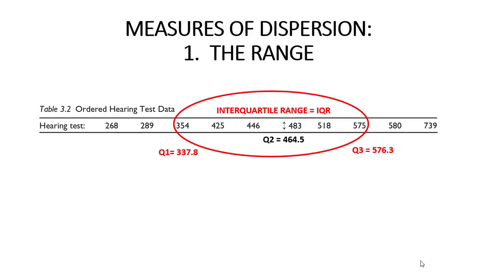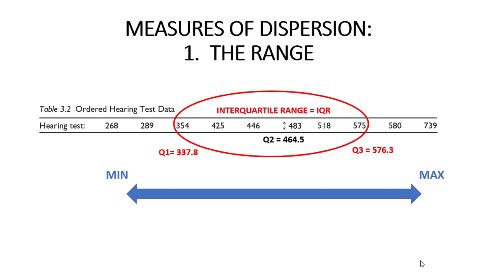Now, with the data here ordered in ascending or descending order, we can have a minimum value, in this case is 268, and we also have a maximum value. This is going to be 739. So the distance that we have from the minimum value to the maximum value, this is what we are going to call the range.